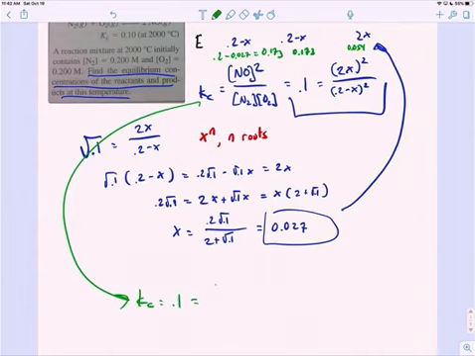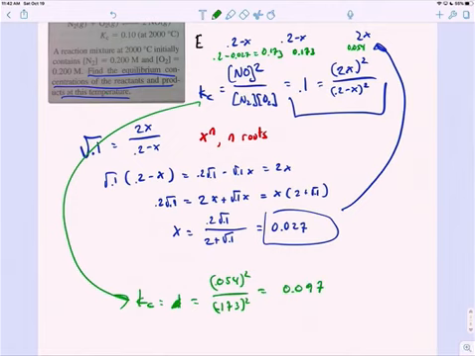We can check this. Is it in fact 0.054 squared all over 0.173 squared? Does this equal that? Well, we throw that in our calculator and we get 0.097.